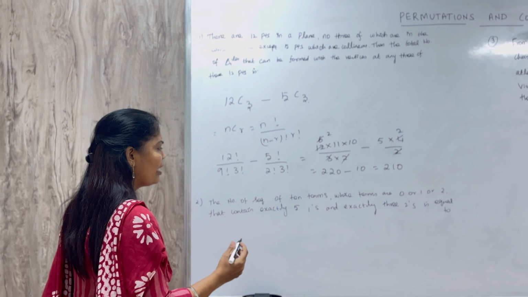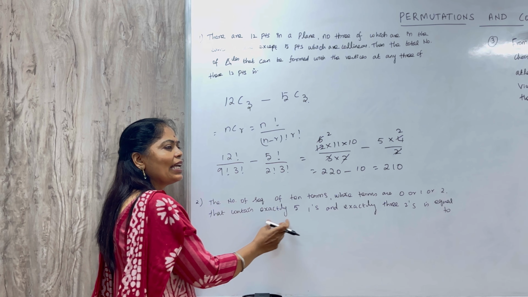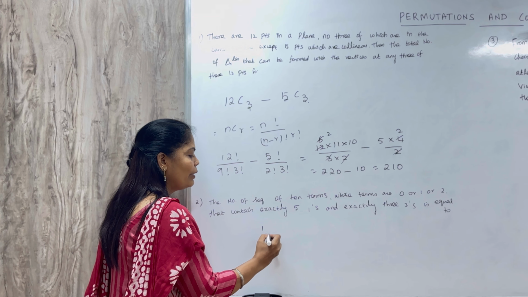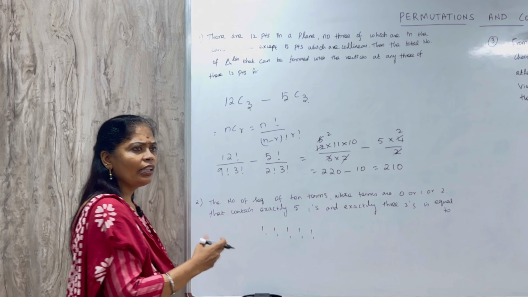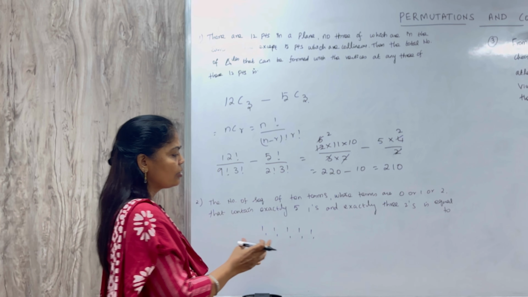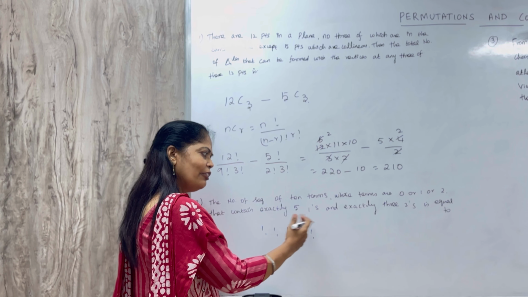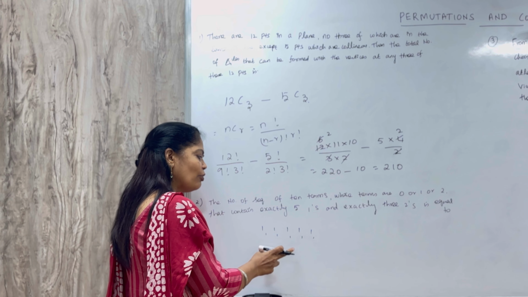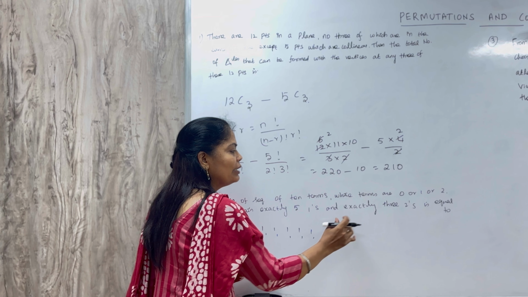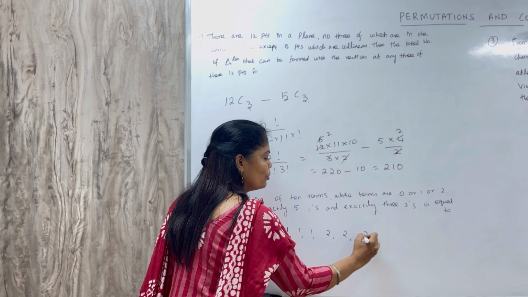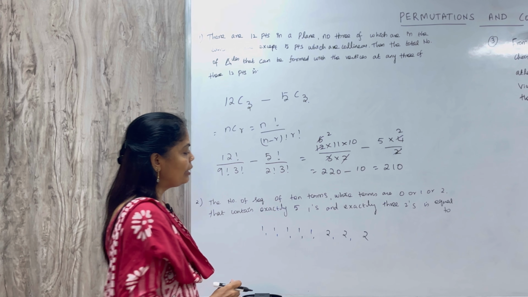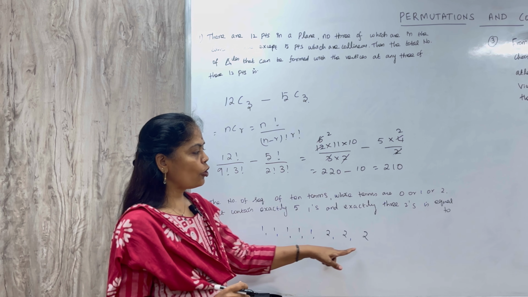Exactly 5 ones, that means 1 is coming 5 times, right? Whether they come in order, or all the ones together or in a different form, that is not a problem, but 1 is coming 5 times. Then exactly 3 twos, so 2, 2, 2. Correct. So how many terms are occupied now? 8 terms are occupied, right?